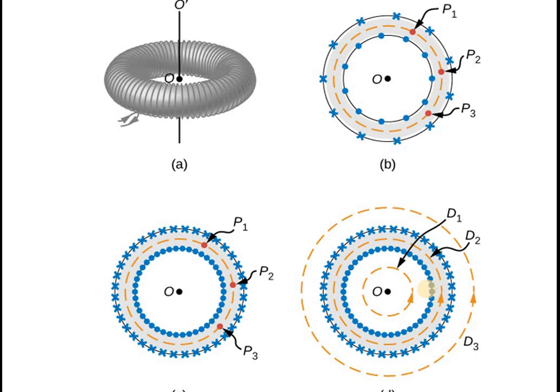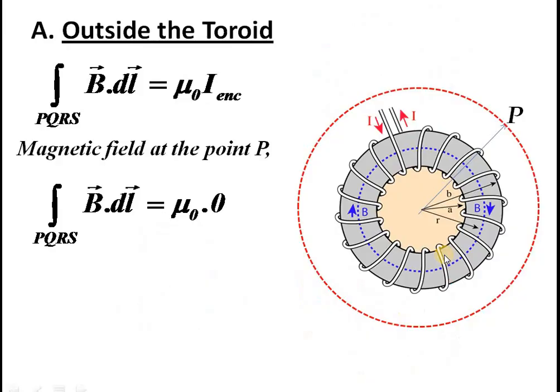This diagram will make it clear why the current is becoming 0: total up current is equal to total down current. So the total enclosed current becomes 0.